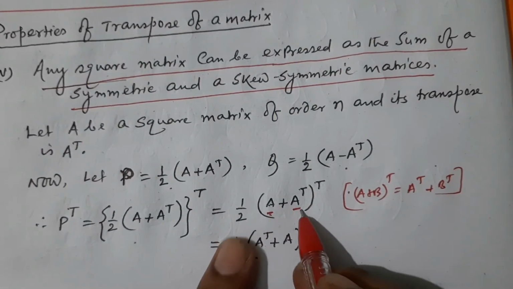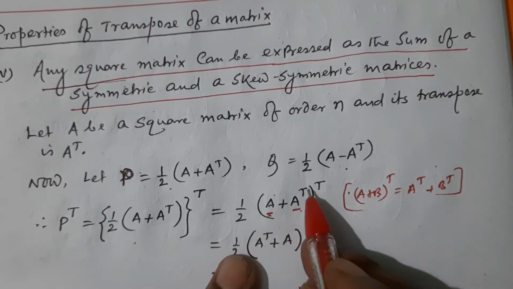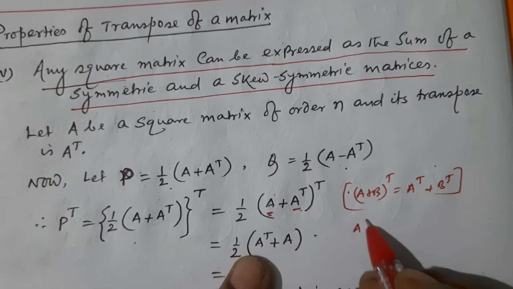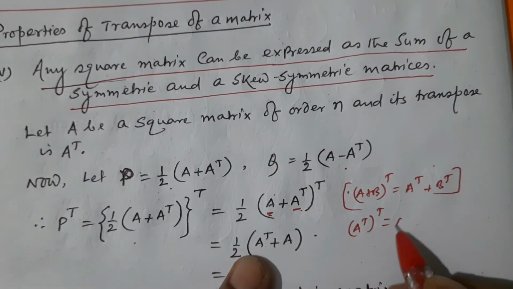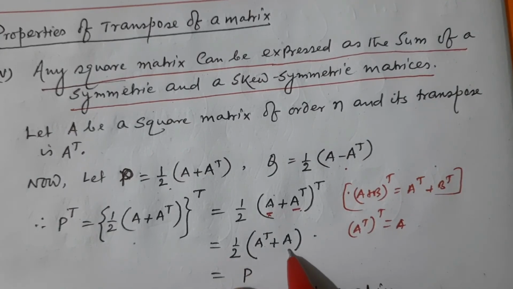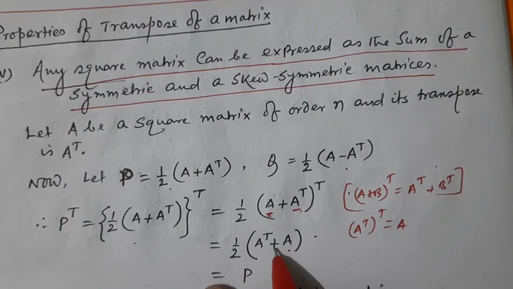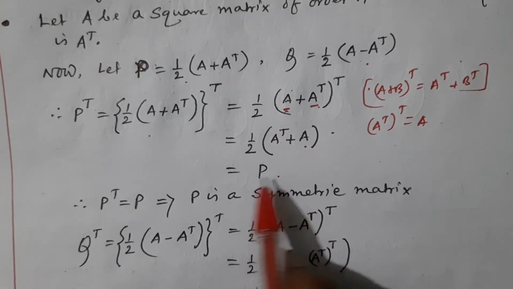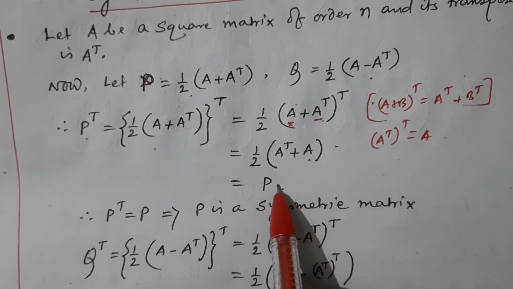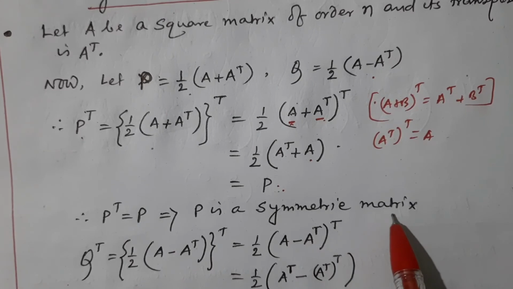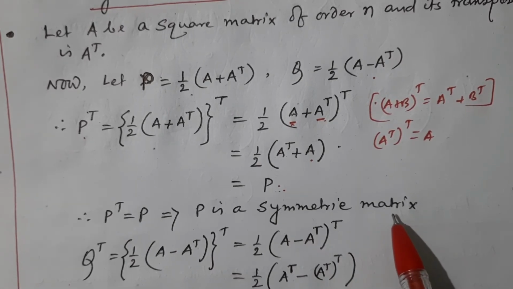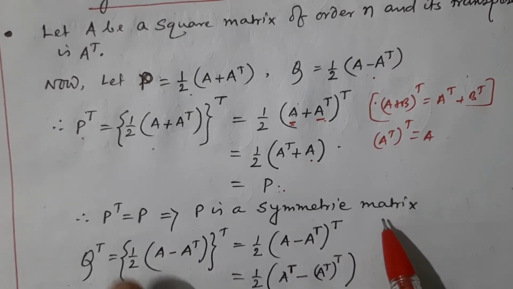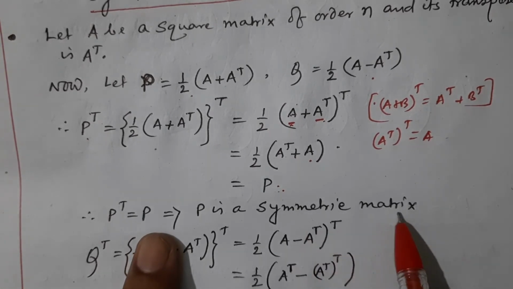So this is A, this is B, then its transpose is A transpose plus A transpose's transpose, and we know that A transpose's transpose is equal to A. So we get half into (A transpose plus A), that can be written as half into (A plus A transpose), since addition is commutative. So this is P, therefore P transpose equals P. Therefore P is a symmetric matrix according to the definition: if the transpose of the matrix is itself, then it is a symmetric matrix.